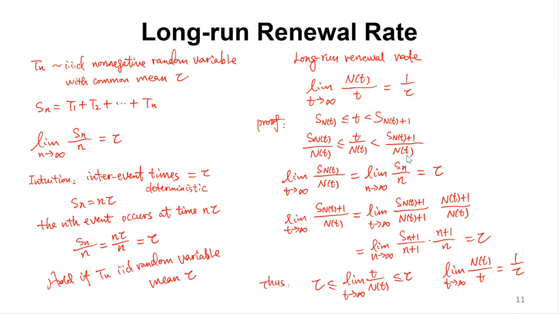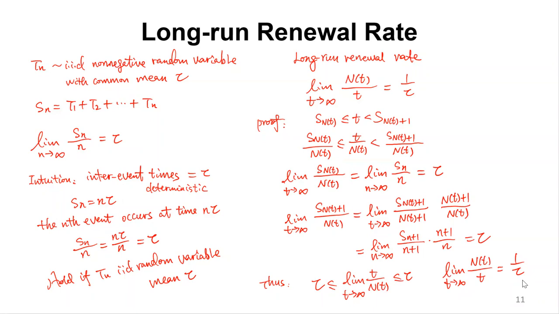Obviously, this one equals tau, and the right-hand side equals the limit where you just add 1, and also N(t)+1 over N(t). So you see here, this one is tau, and this one's limit goes to 1, so this is tau. So left-hand side is tau, right-hand side is tau. So when t goes to infinity, t over N(t) equals tau, so N(t) over t is 1 over tau.